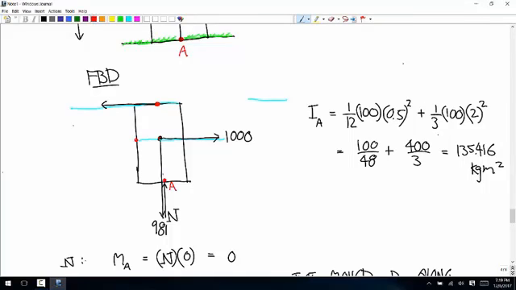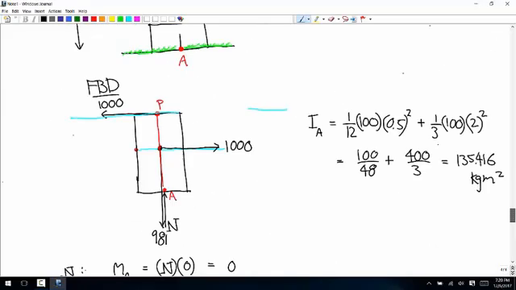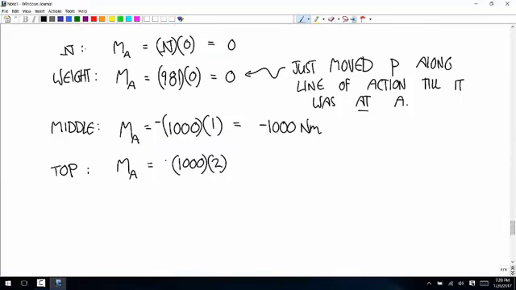And then the distance is the distance. So this is P. There's the distance we want. And so that moment is equal to the force of 1,000 times what's the distance in this case? 2. And then would this one make it rotate clockwise or counterclockwise? Counterclockwise, so this one's positive. We have positive 2,000 Newton meters.